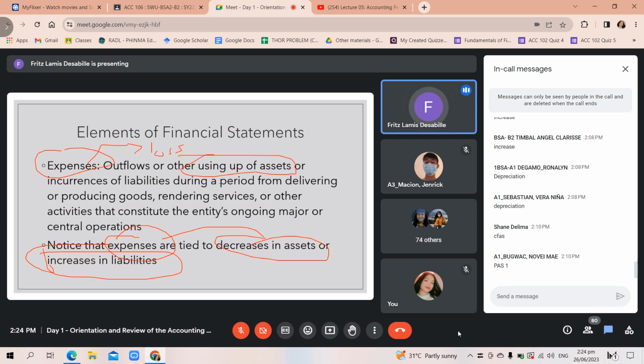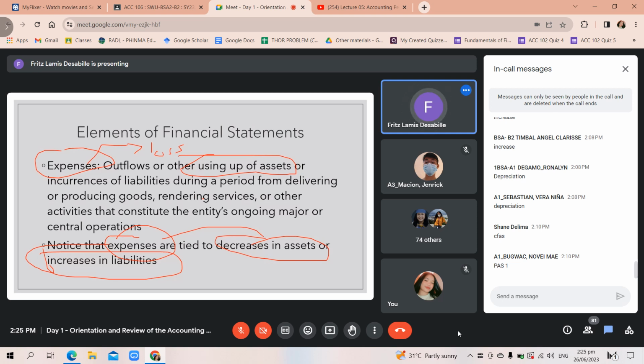Ang difference lang sa loss versus the usual expenses that you are familiar with is that loss is extraordinary. Okay. Can anyone here give me an example of a loss?